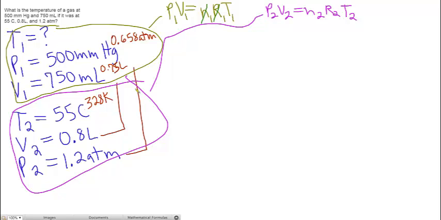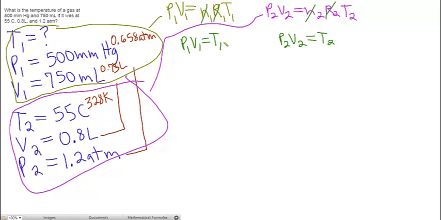Now for the next one. We have pressure, we have volume, we have temperature. We don't have moles and we don't have R. That means we're left with P1V1 equals T1 and P2V2 equals T2.